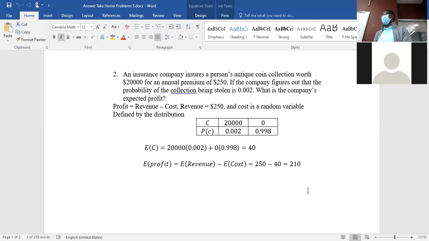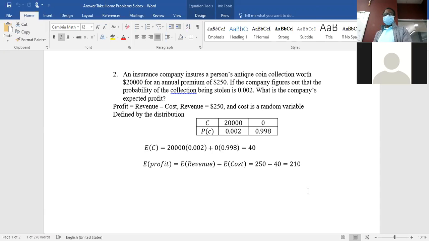So here, the cost is variable. Their cost will depend on whether the item is stolen or not. So the random variable here is the cost. If it is stolen, it will cost them $20,000, and the probability that it is stolen is 0.02.